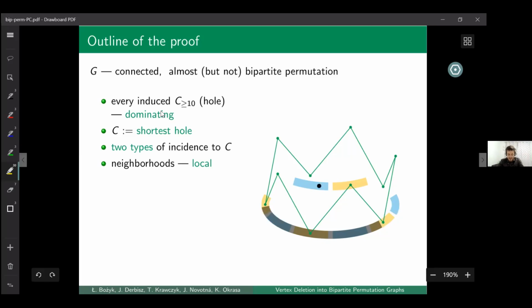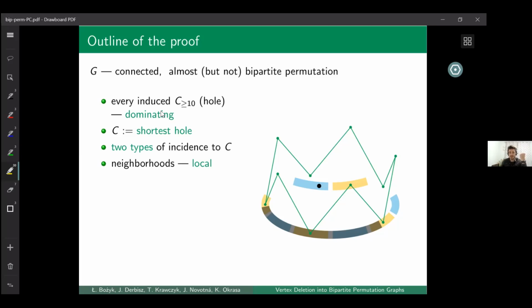Okay, so knowing that neighborhoods are local, we can actually use our forbidden subgraphs. I'll show you a glimpse of how to do it in a second, to get these adjacency and enclosure properties locally. So let's forget about what happens on the other side of our long hole.